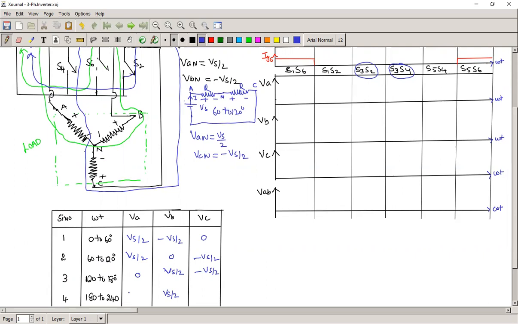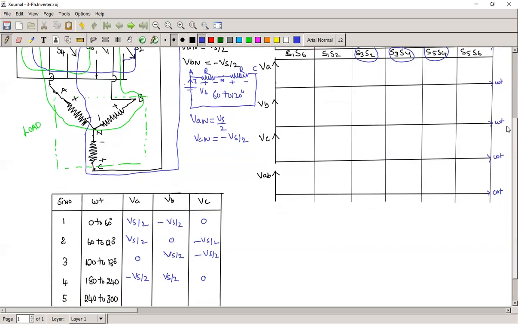The A phase is getting minus Vs by 2 and the C phase is 0. Now you come to S5, S4. S5 is conducting means the C phase is positive.